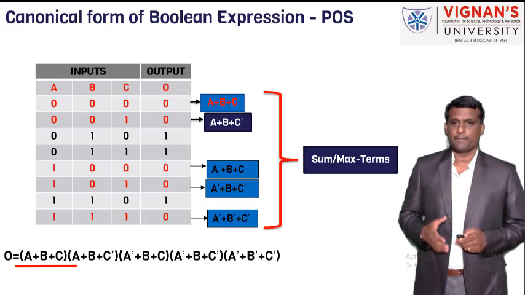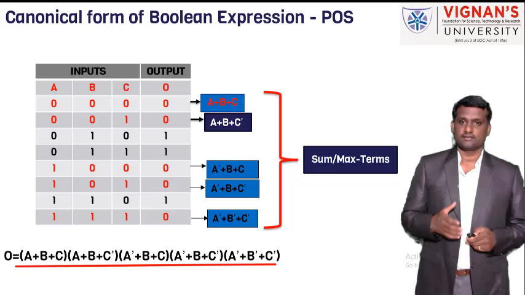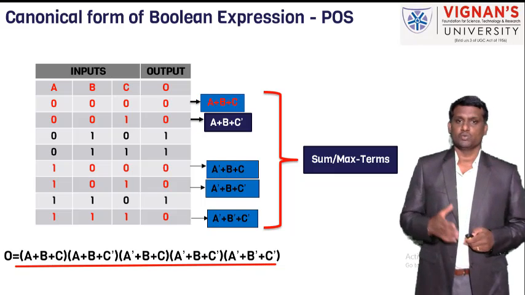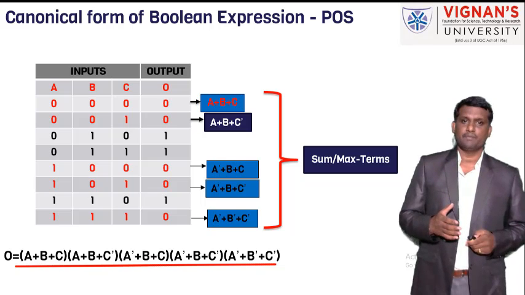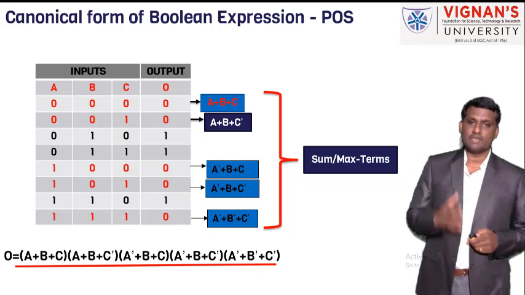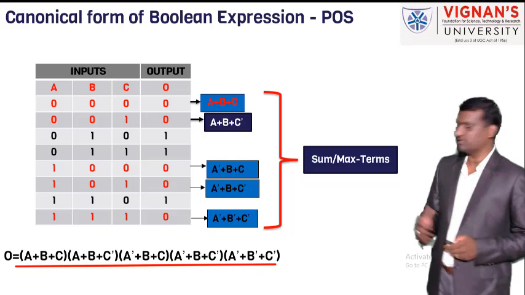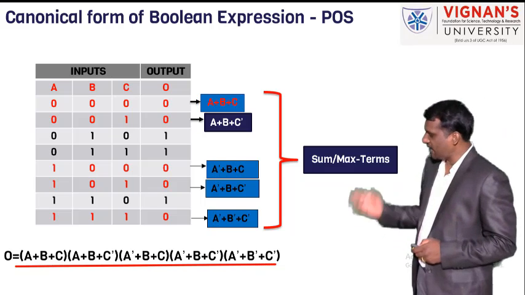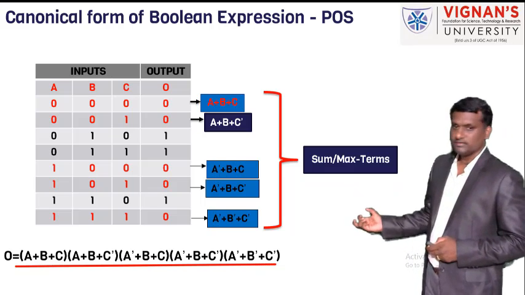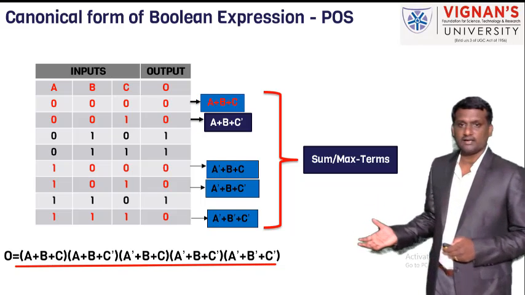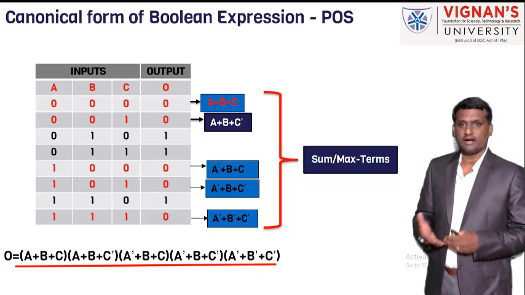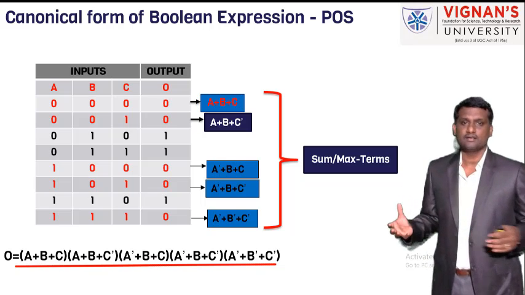That is (A plus B plus C) into (A plus B plus C bar) into (A bar plus B plus C) into (A bar plus B plus C bar) into (A bar plus B bar plus C bar). So if you observe this expression, each term has 3 variables, and all those 3 variables are in sum fashion, and all those sum terms are multiplied.